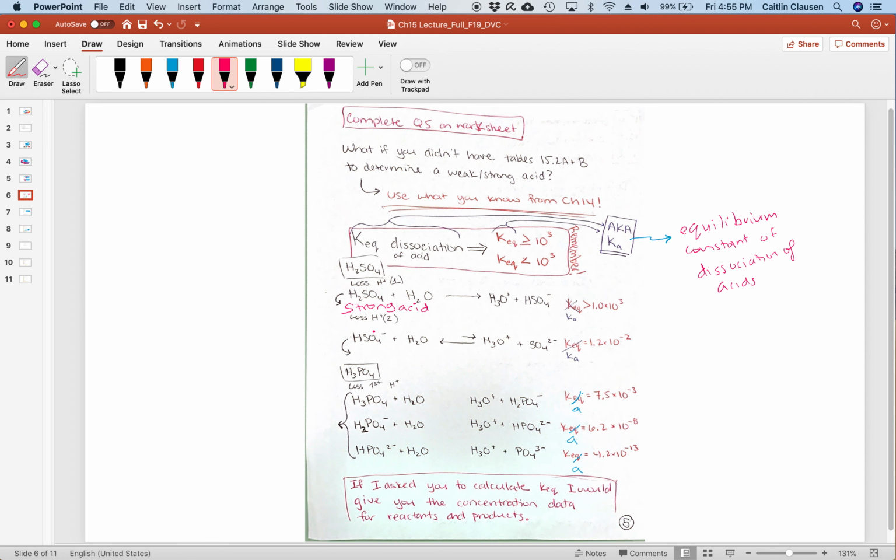Now I'm just going to look at HSO4 minus, so what H2SO4 turned into. Let's say I have a bunch of this. I put just this in water. If we look at what's happening here, so this is the first one. We have another little vial here of just H2SO4, and this is water.